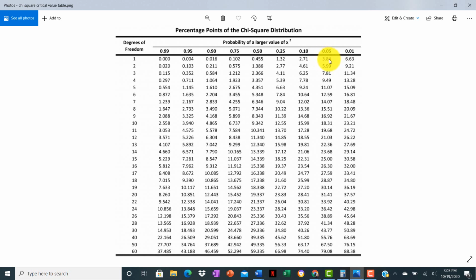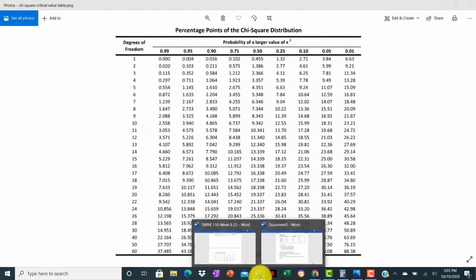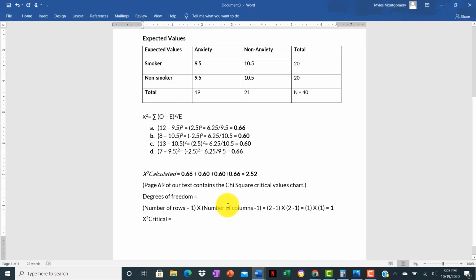Everyone see how I got that? Degree of freedom is 1. We move all the way over to 0.05, which is, in our particular case, the percentage we're looking for as a matter of default. So now we're going to come back to where we left off. We know that the chi-squared critical value is 3.84.